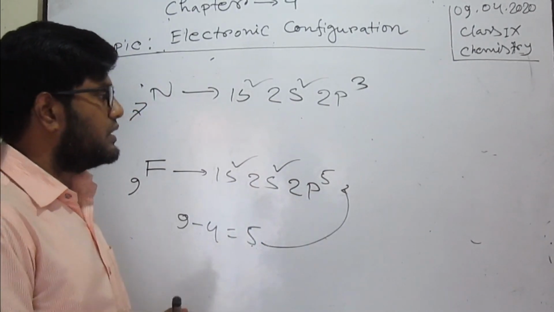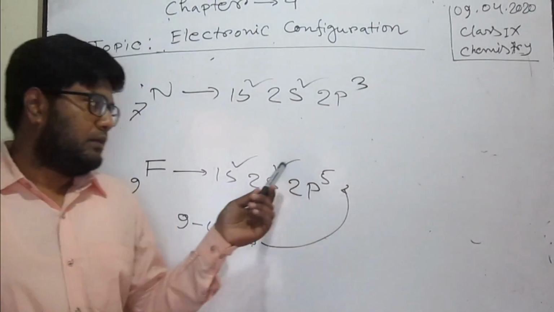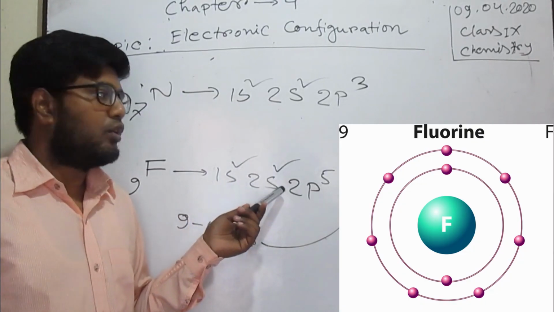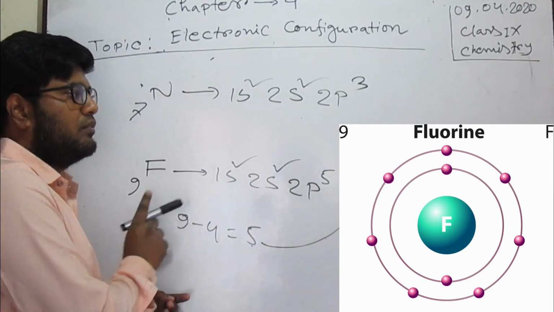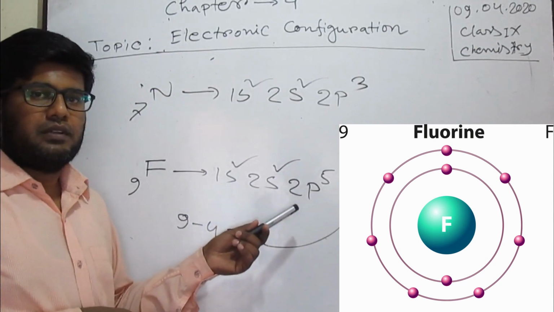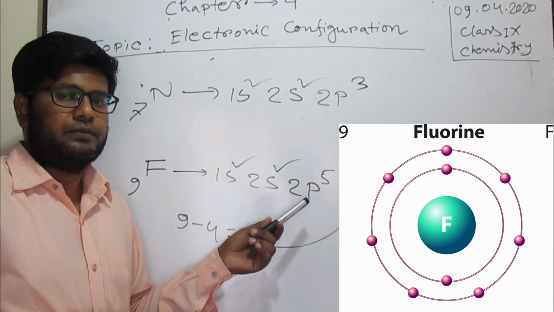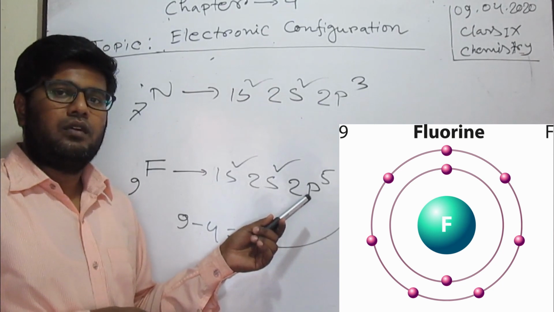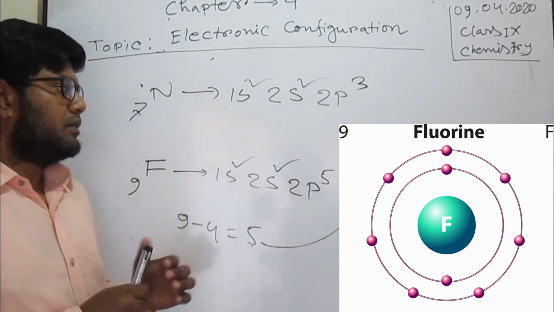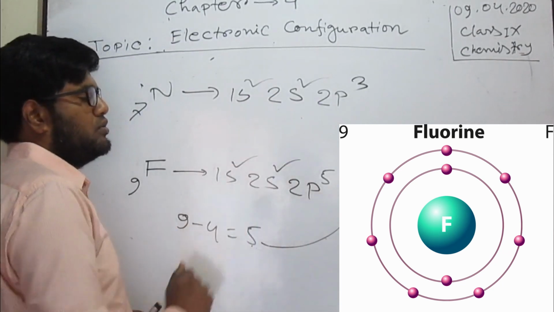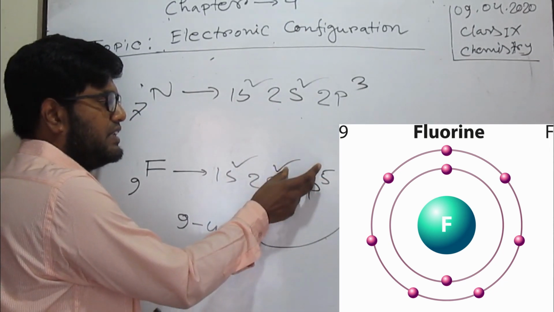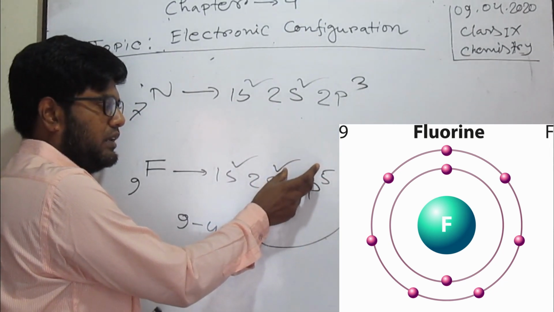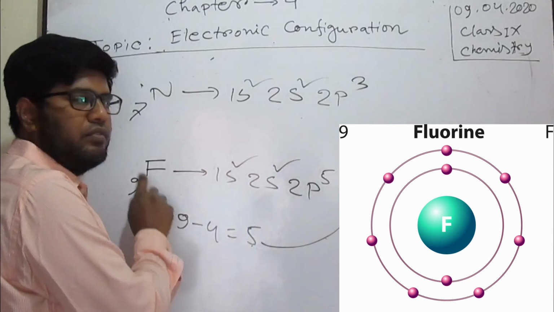Similarly, at that corner of the board you can observe the orbital diagram of fluorine. You can observe in the first orbit only 2 electrons, and in the last orbit, that means the second orbit, there are 7 electrons for the fluorine atom.